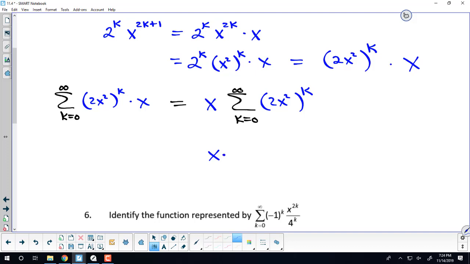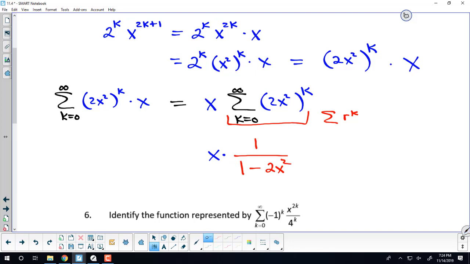But the series itself, being geometric, can we just think of it as r to the k? What do we know r to the k is for specific x values? 1 over 1 minus r, right? So this series is 1 over 1 minus the ratio 2x squared.